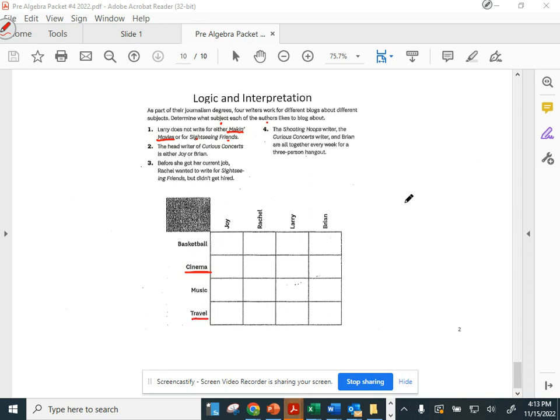So Larry doesn't like to make movies or to travel. So you're just going to have to figure out what their topic is talking about, which topic they're talking about. So once you figure that out, you can fill in your X's to find out what each person likes to blog about.